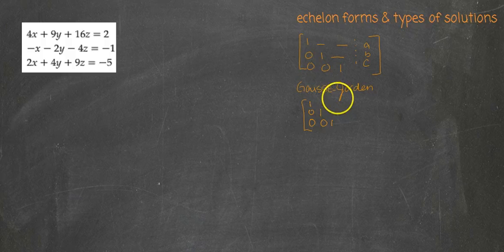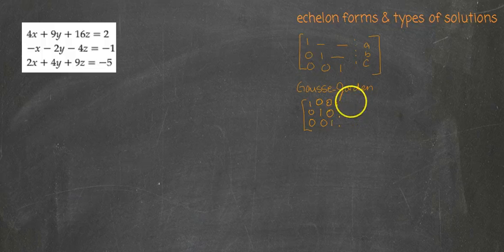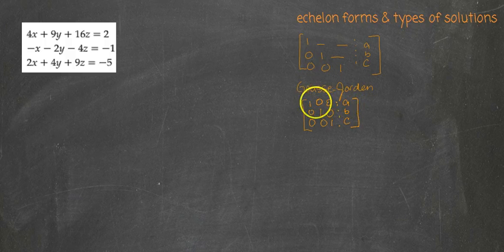But Gauss-Jordan has us continue to produce zeros in all the places except for this diagonal row of ones. Then my augmented matrix A, B, C would result in A being directly taken out of the matrix. X equals A, Y equals B, and Z equals C.